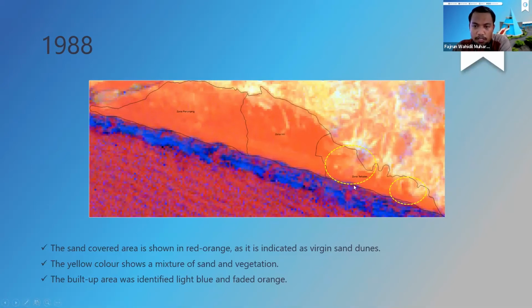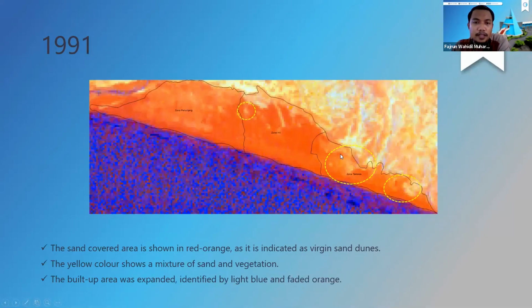So here we indicate that this one and this one are a settlement area. In 1991, we found that another spot is indicated as a built-up area. So the built-up area grew in the middle part of the sand dunes itself.